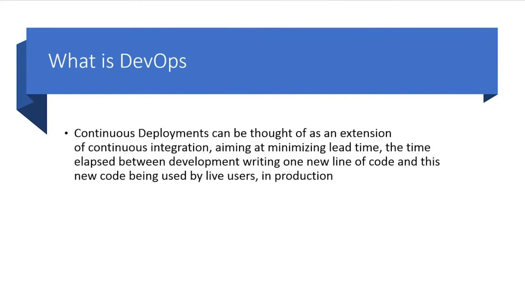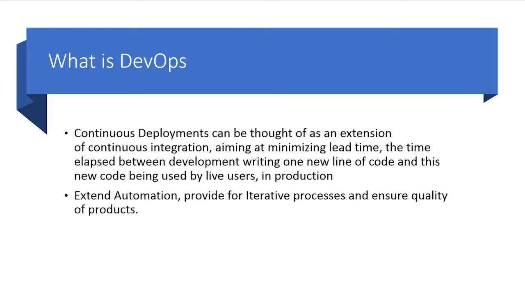This is really an extension of CI as well, but it's really meant to automate everything. It's meant to remove manual issues. So when we extend automation to testing, to deployment, this can bring some benefits. So basically, it provides for iterative processes and ensures quality of products.